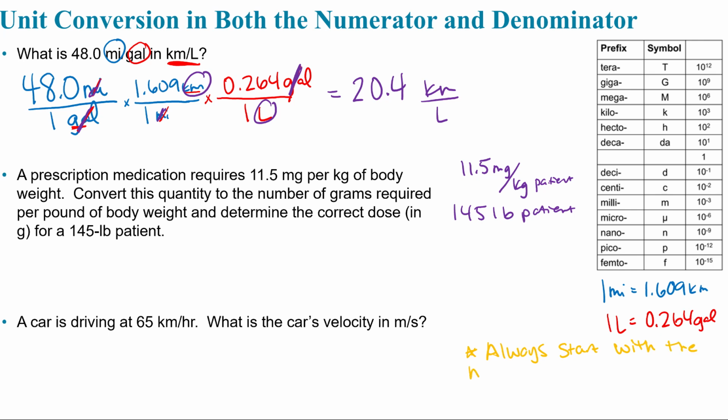And so this one has a unit in the denominator. It's kilograms. This one doesn't. So since I have two of them, I'm going to start with the one that doesn't have a unit in the denominator.